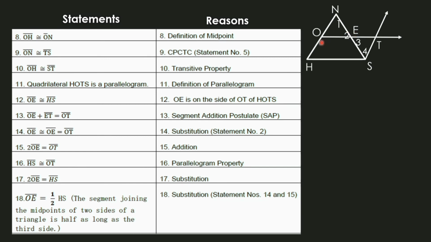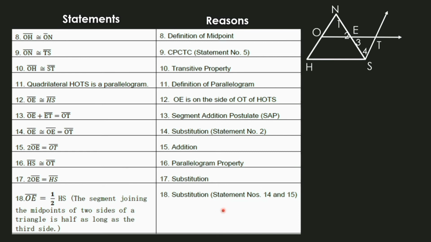Since O is the midpoint of HN, and E is the midpoint of NS, so OE is the segment joining the midpoints of these two sides. So that's it. OE is equal to 1/2 HS.